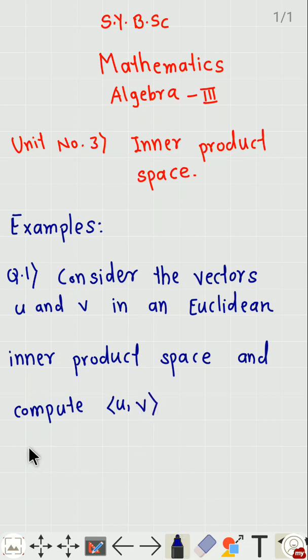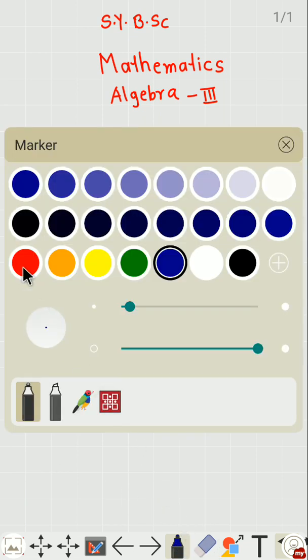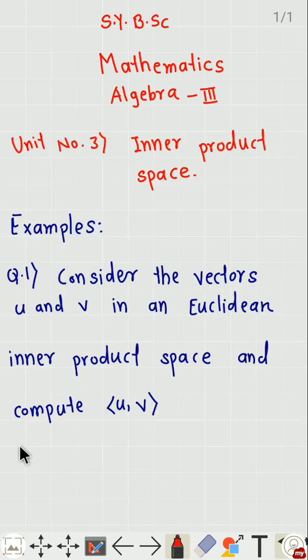Okay, so in the first case, vector u is given to be (1, 1, 3), and vector v is given to be (2, -2, 7).